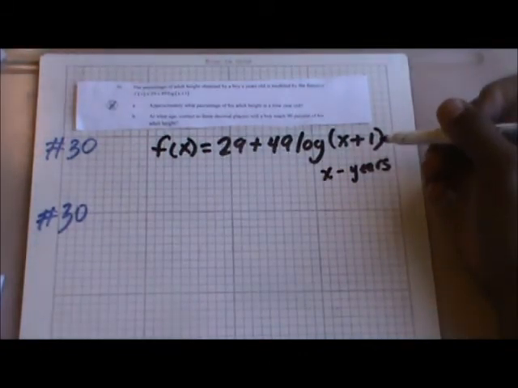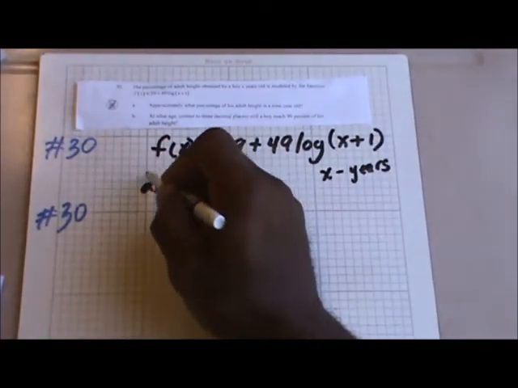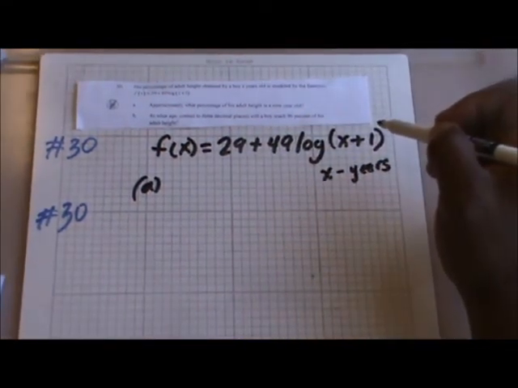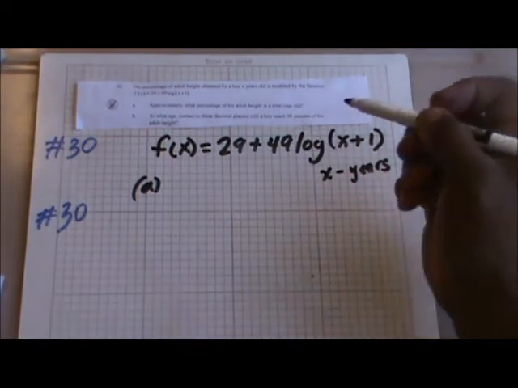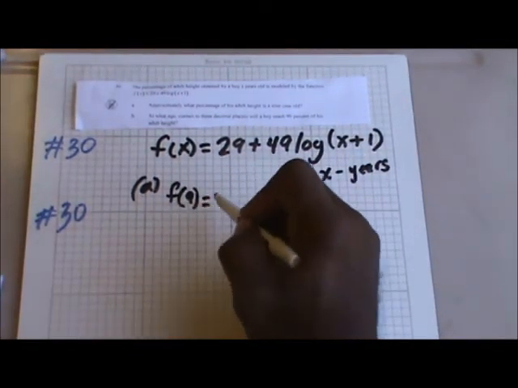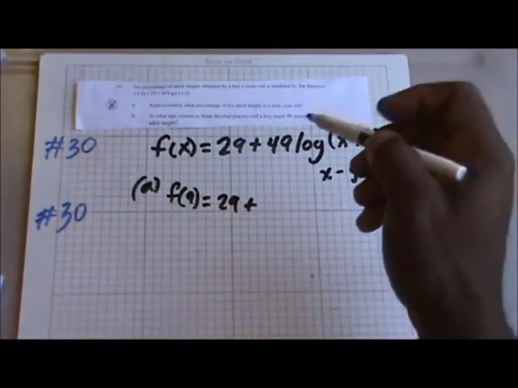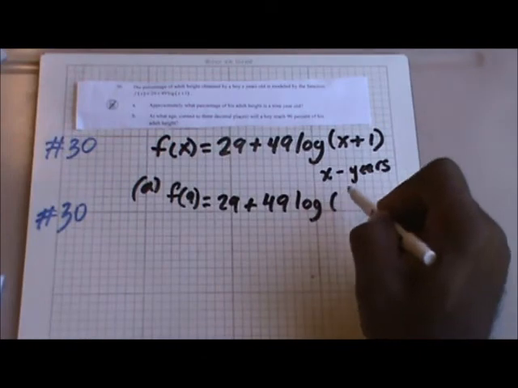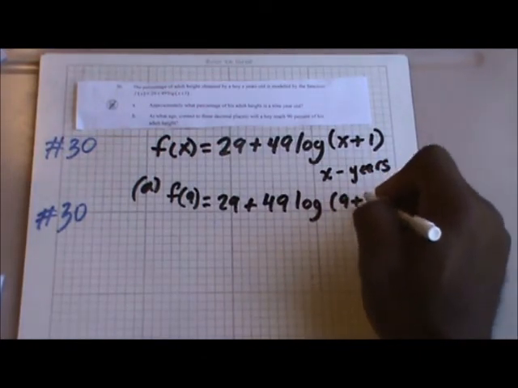It says in A, approximately what percentage of his adult height is he at 9 years old. So take the 9: f of 9 is equal to 29 plus 49 log of 9 plus 1.